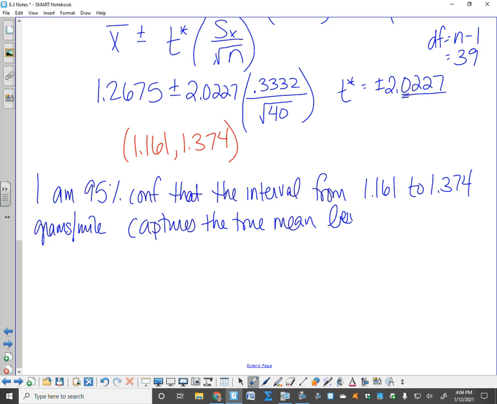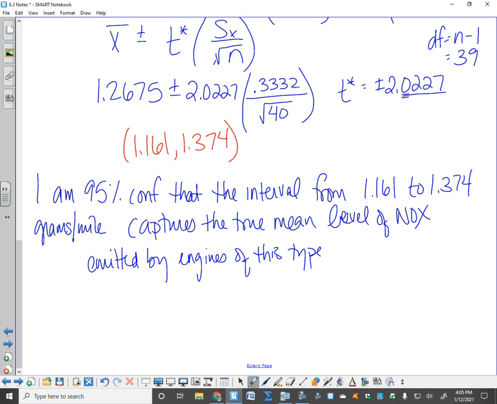Level of NOx emitted by engines of this type. And you could put light duty engines. I think it says what kind of type it is, but you can put of this type, or you can put of these light duty engines. So there's your rubber stamp sentence.